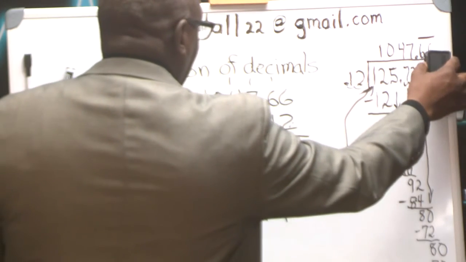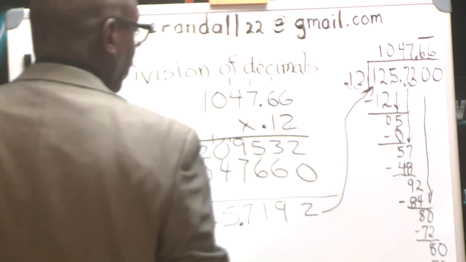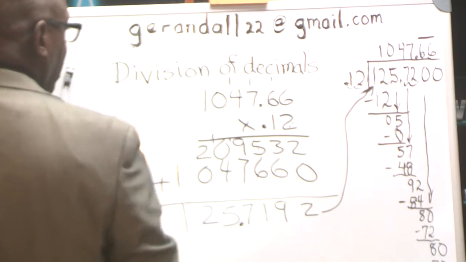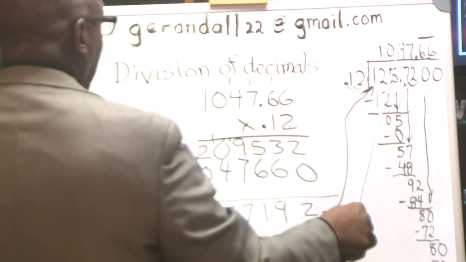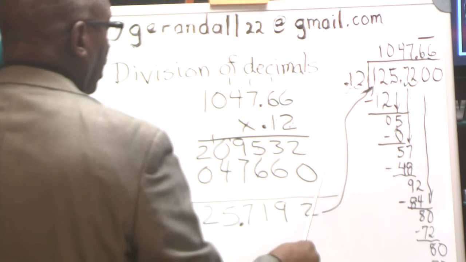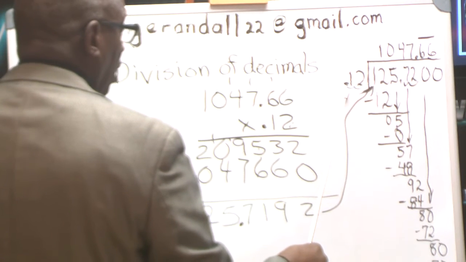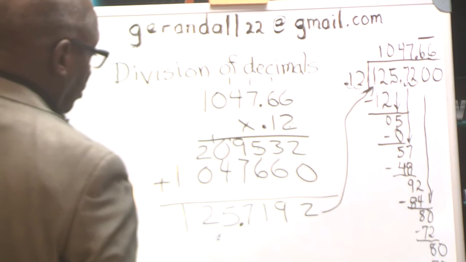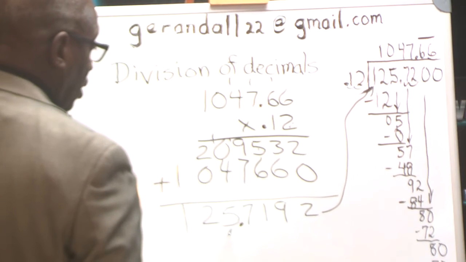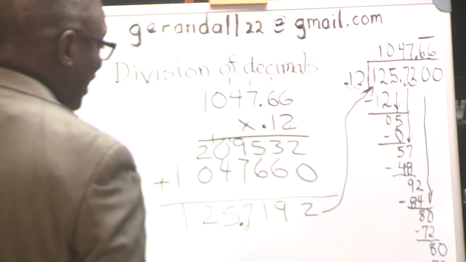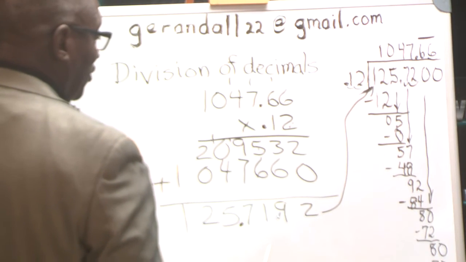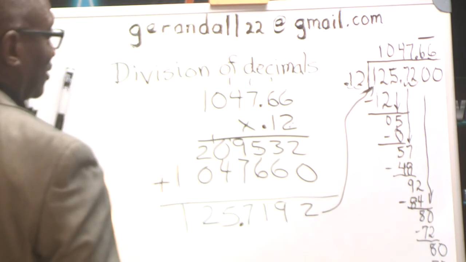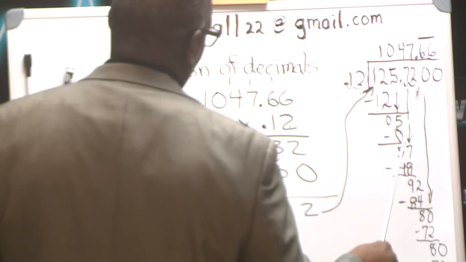After we got our answer or quotient, we then turned and multiplied our answer, called the quotient, times our original divisor, and we ended up with 125 and 7,192 ten-thousandths. Very close to that.